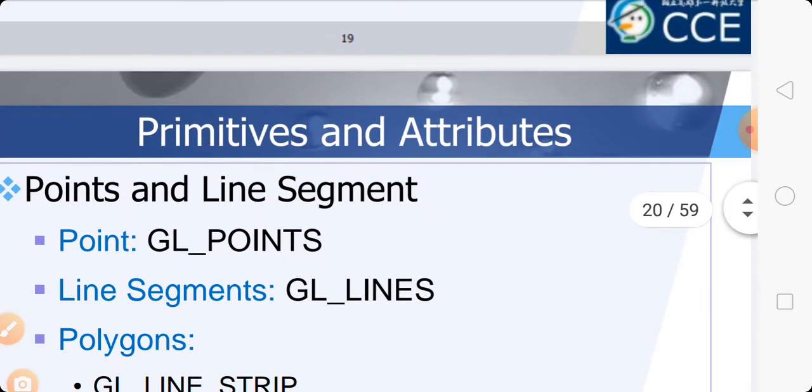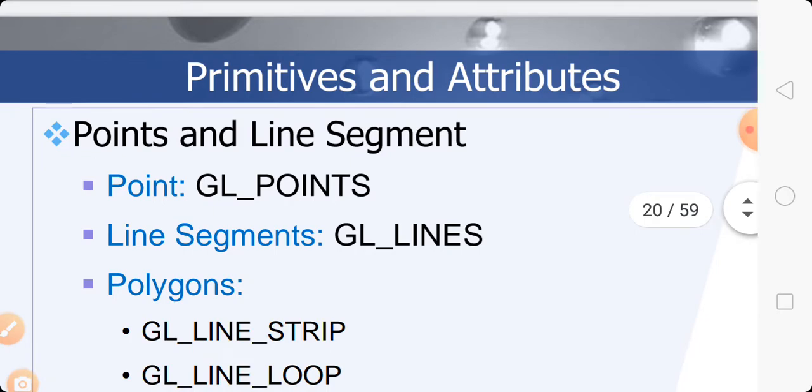Now next, points and line segments. These are the OpenGL primitives. So how do we use the point and line segment primitives in our computer graphics program? Point is represented by GL_POINTS.